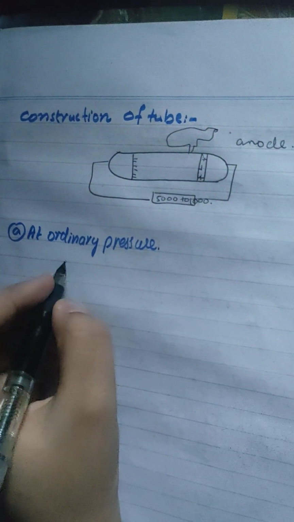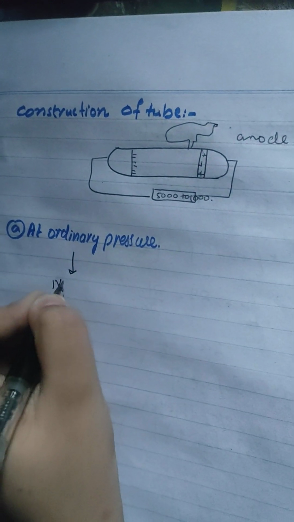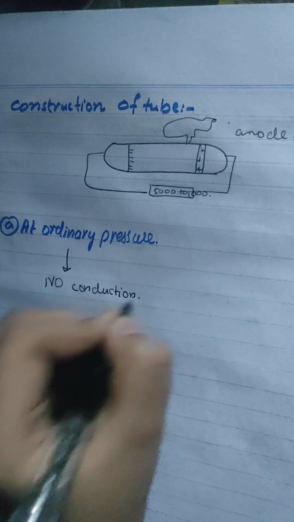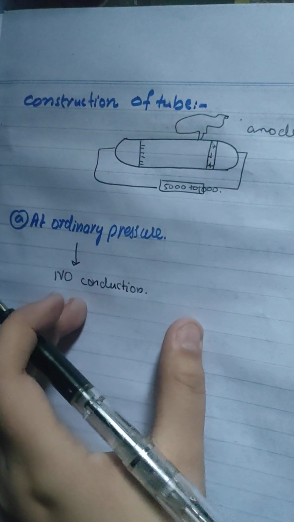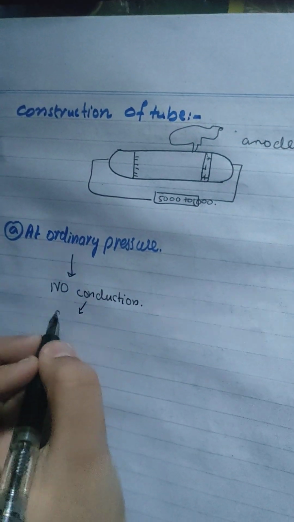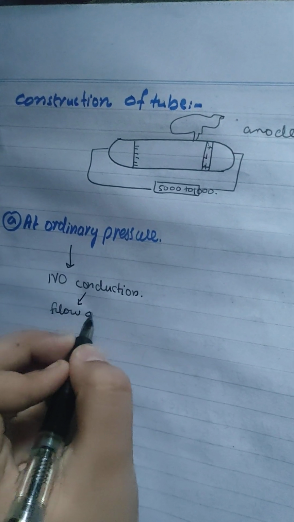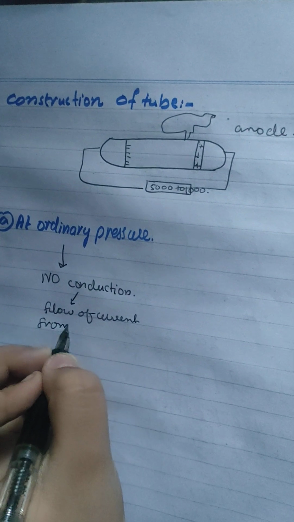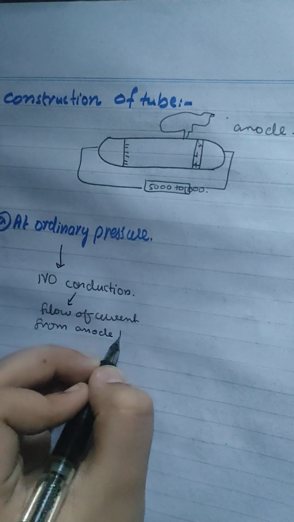At ordinary pressure there will be no conduction. Now, what does the word conduction mean? Conduction means flow of current from anode to cathode.